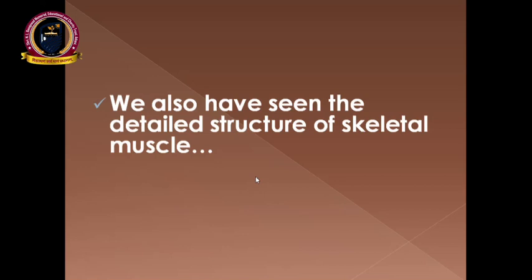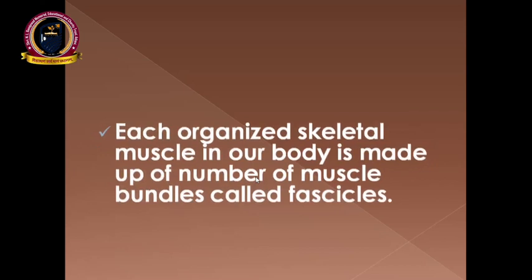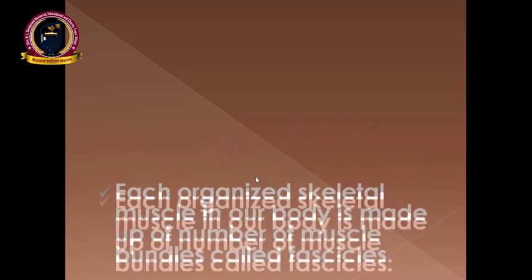We have also seen the detailed structure of skeletal muscle. Let us take up some points from there. Each organized skeletal muscle in our body is made up of a number of muscle bundles called fascicles.